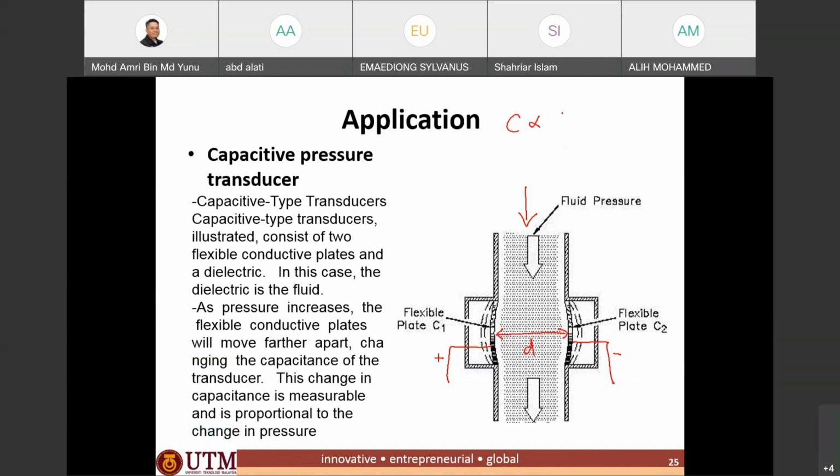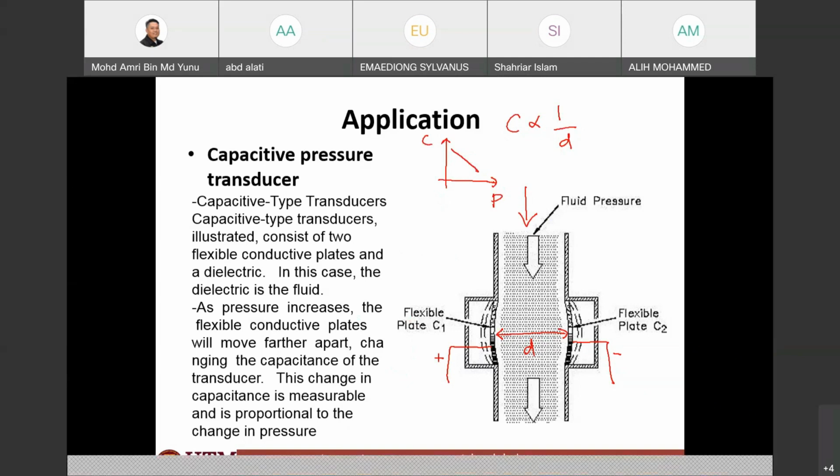So we know that the capacitance change is inversely proportional to the distance d. So we can expect that when pressure increases, due to the distance change, the capacitance will decrease. But most importantly, the change is proportional.